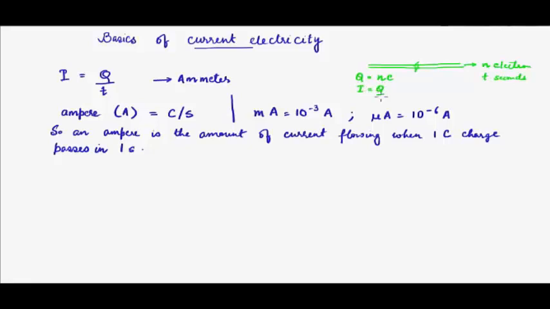So Ne will be the total charge that flows in t seconds. But we know that current is charge per unit time, so that can be reduced to Ne upon t. So if we know the number of electrons flowing through a cross section in a given time, we can find out how much current is flowing. Similar calculations can be done in the case of electrolytes too.